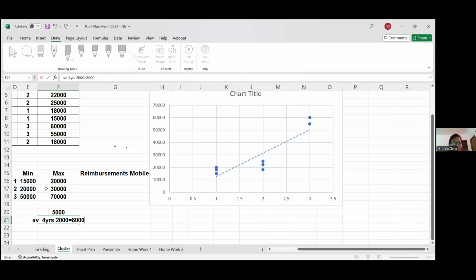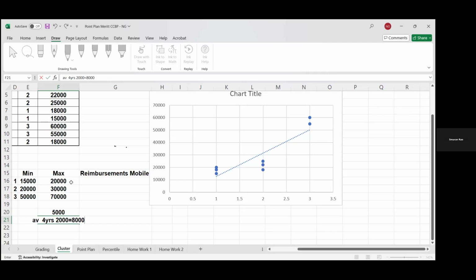So having said that, now you need to look at grade 1. If I'm promoting a person after 4 years, which is typically 8,000 rupees, because every year he will get 2,000 rupees, will this band let a person stay in that for 4 years, 15,000 to 20,000? It's a 5,000 difference.